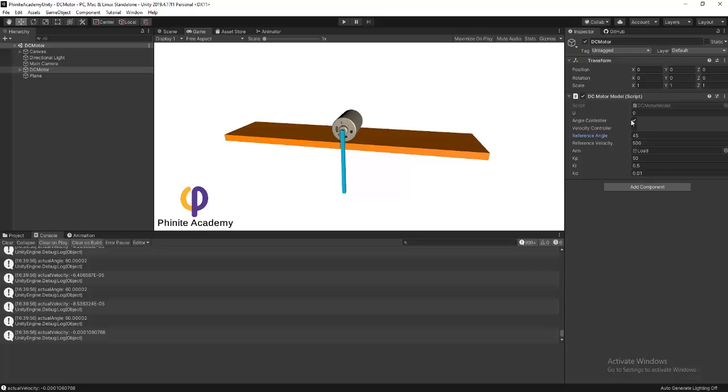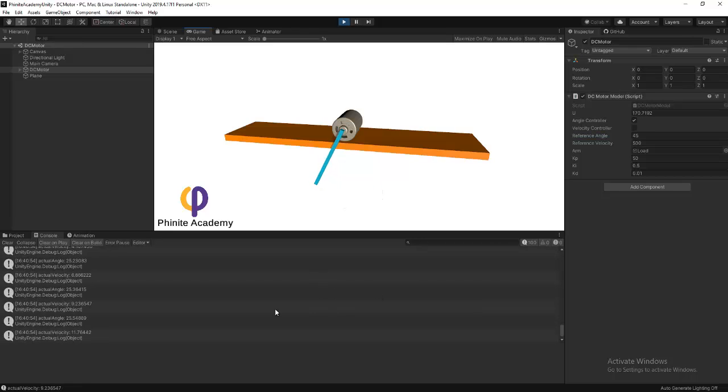In the first place we should implement the reference angle controller design, okay? We have the results here, which means that the actual angle is 45 with the reference angle 45.